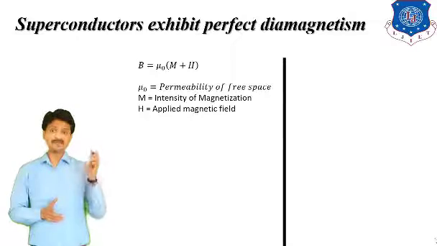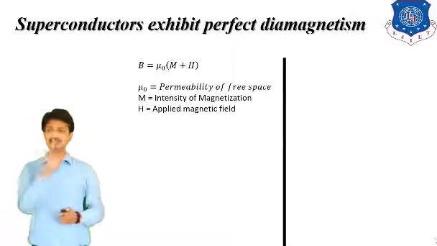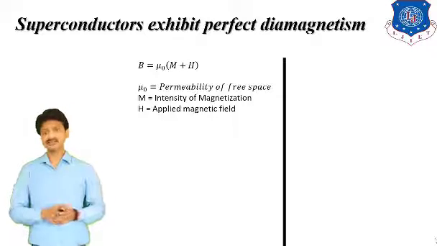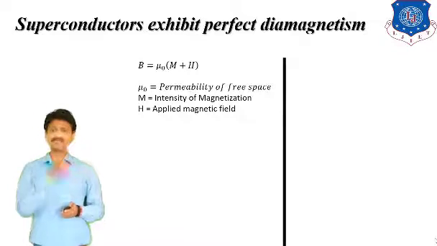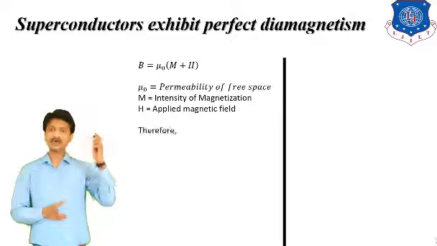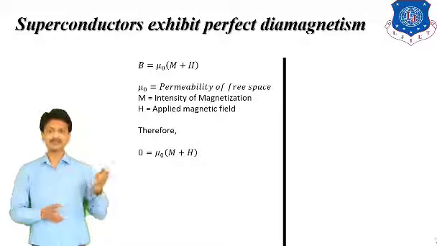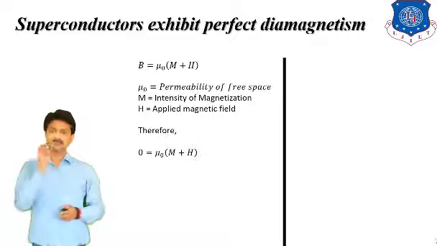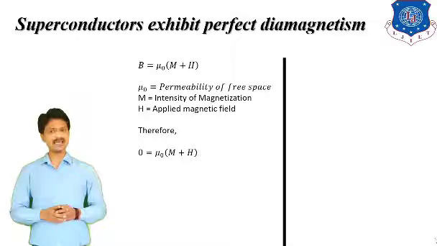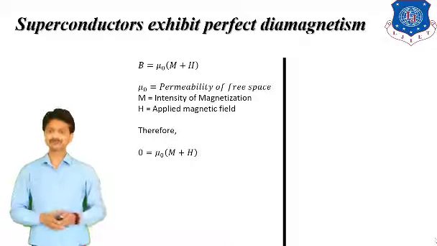Now we have discussed that in the superconducting state B equals 0. It means that the magnetic flux density equals 0. So if we replace B equal to 0 in the above equation, we have another equation: mu0 (M plus H) equals 0.